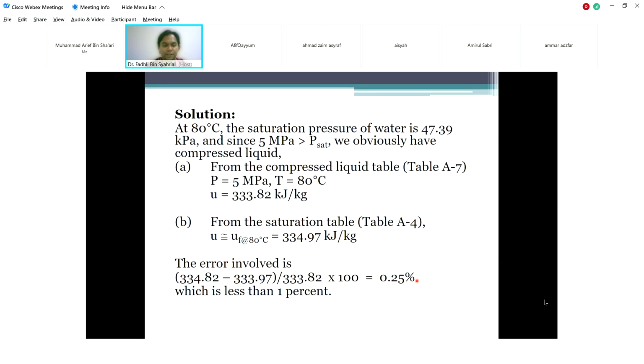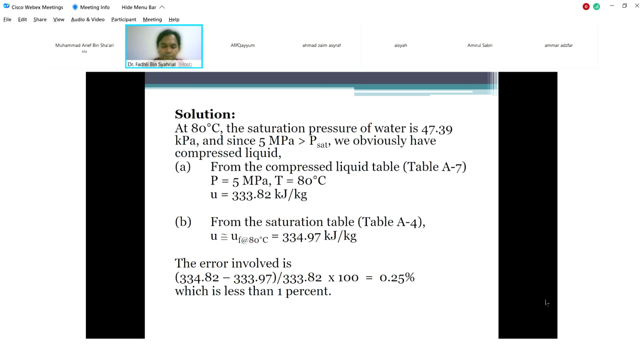If the error is less than 1%, then we can assume that both values are acceptable. So they have two methods on how to solve the case of compressed liquid.